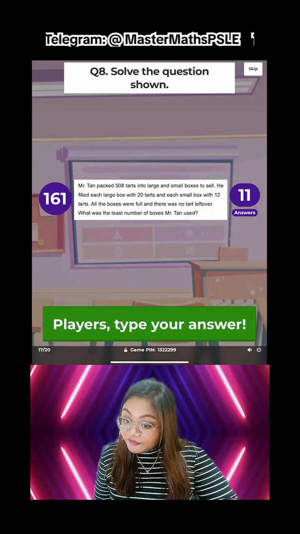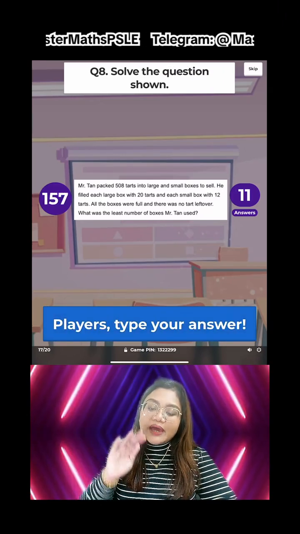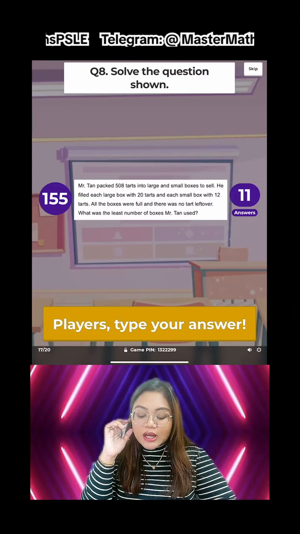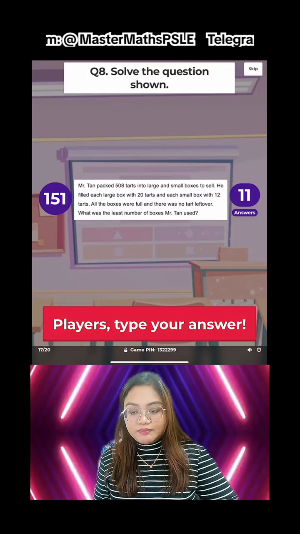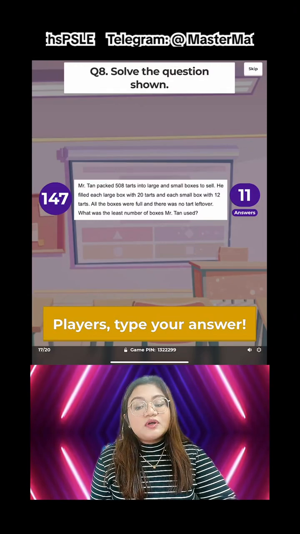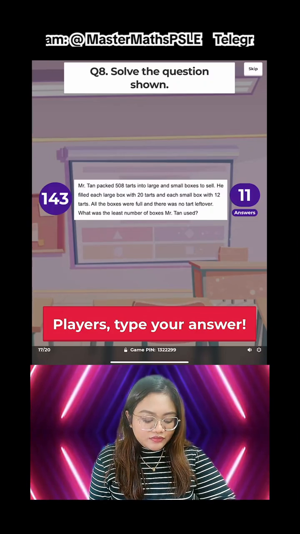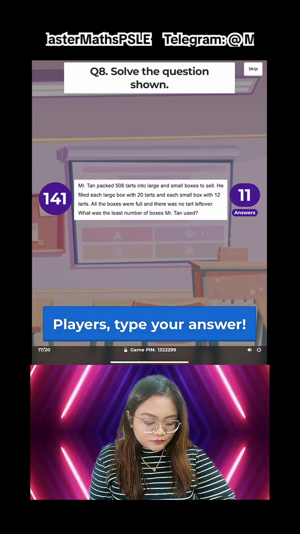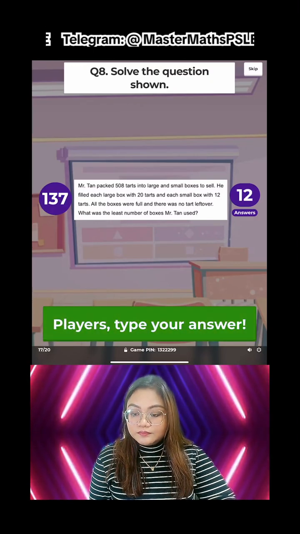And then from there, try to slowly unpack one by one to see if you can get full small boxes based on the remainders. Use that to help you, okay?